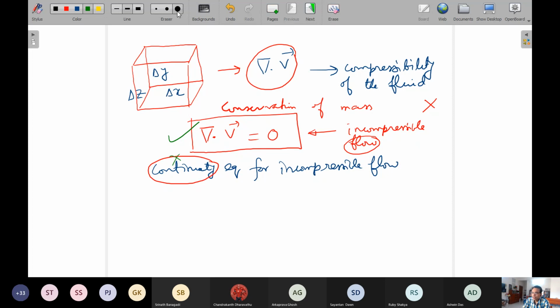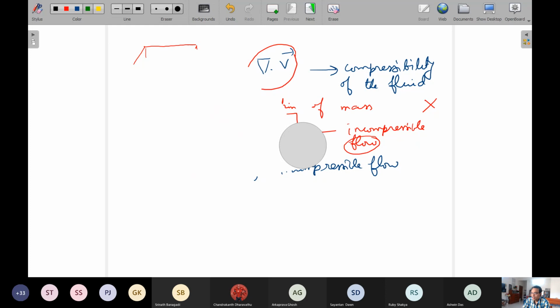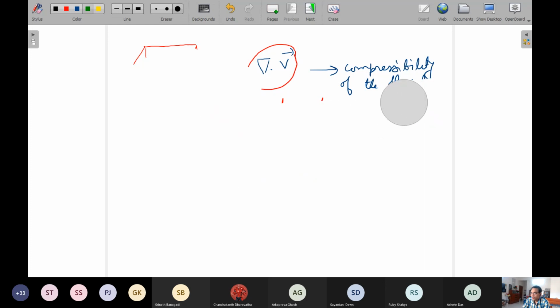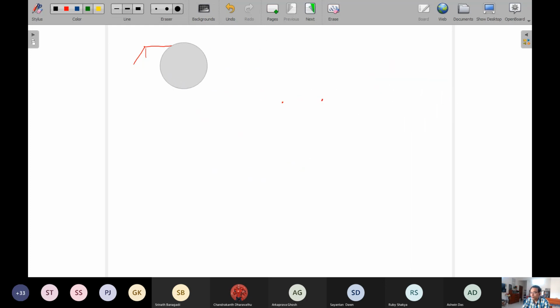Now the next agenda: we have discussed the change in volume, so next is the change in angle. Why the change in angle is important is because we talked about two types of deformation, one linear and another angular.